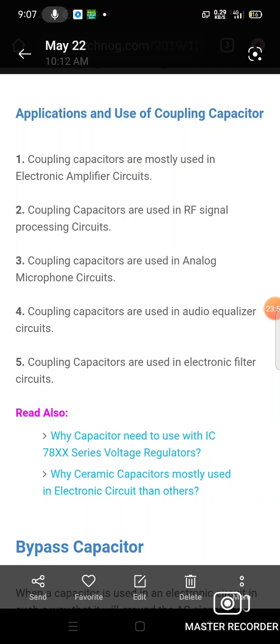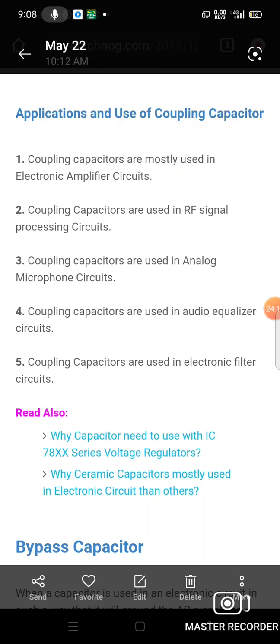High pass filter is suitable for this capacitor function, because in the high pass RC circuit, the capacitor is connected in series, and between the two terminals the shunt element is the resistor.